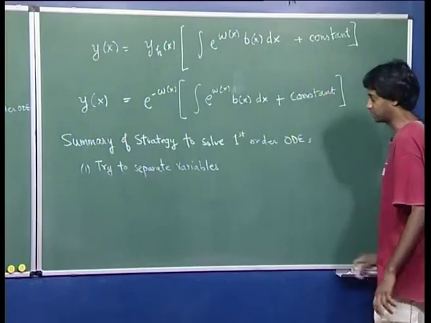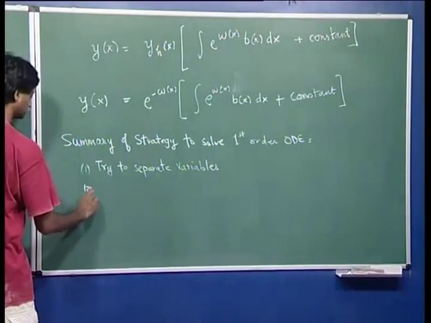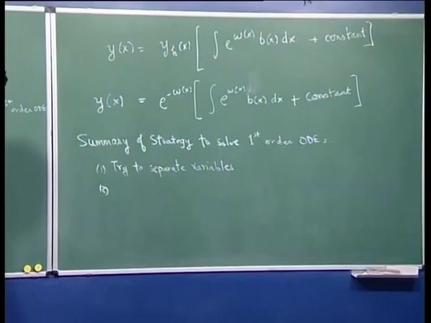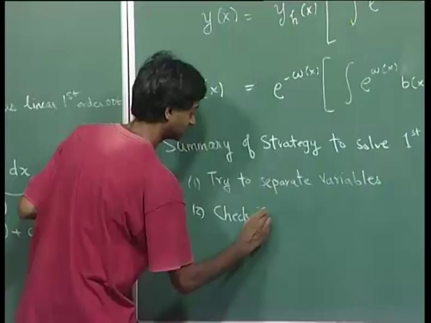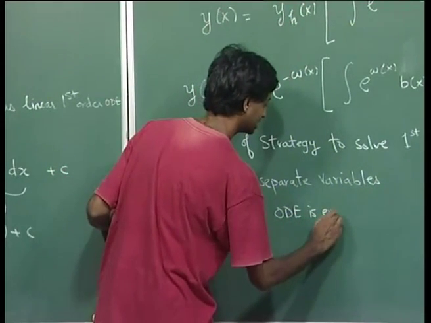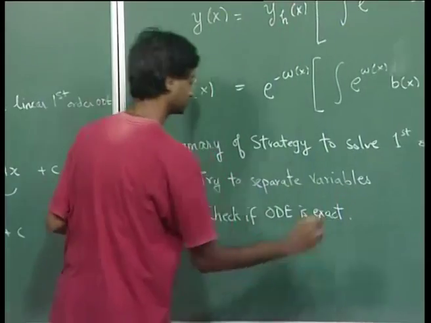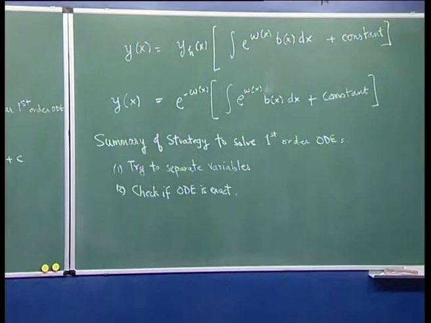If you are not able to separate, then the next strategy is to check if the ODE is exact. So you check if your ordinary differential equation is an exact differential.